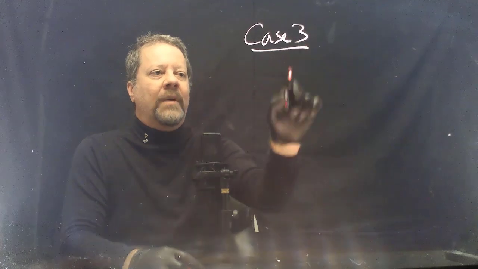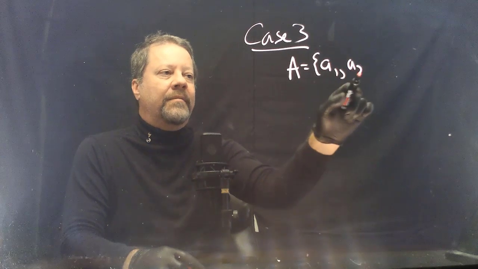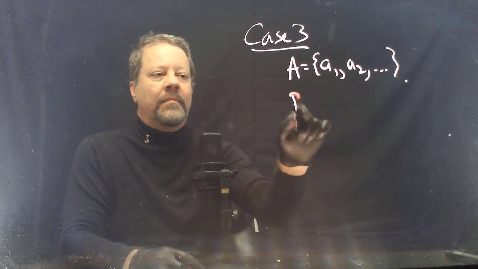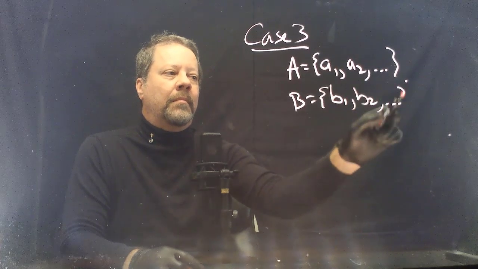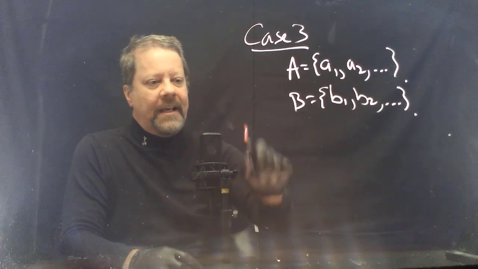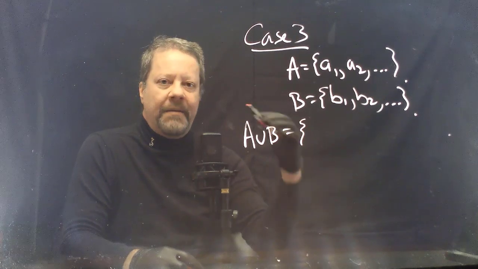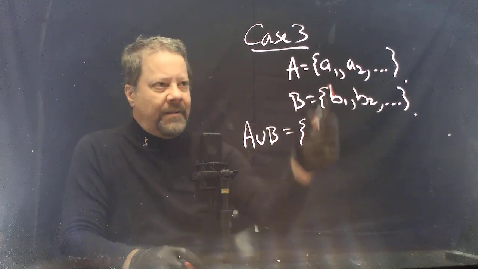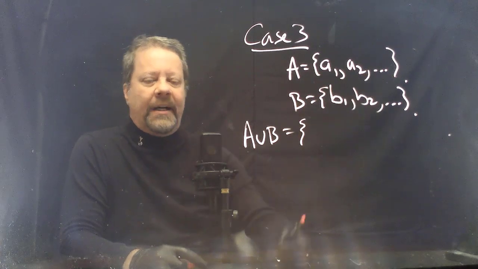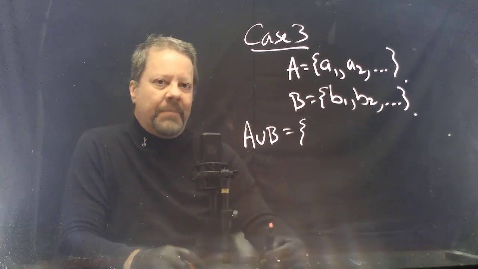And that leaves us case 3. What happens if A and B are both countably infinite? In this case, the correspondence we'll make will be kind of what you would do with Hilbert's Hotel. Let's suppose the rooms are all occupied by members of the set A, and then the members of set B show up.